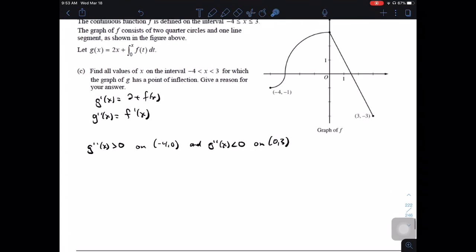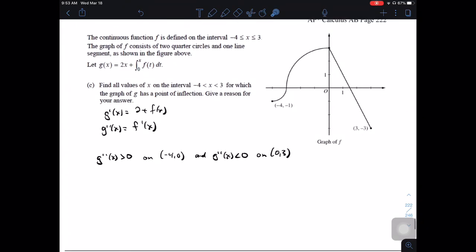Once again, what does this mean? G double prime is bigger than 0 means that f prime is bigger than 0, which means the slope is positive. They're all here. From 0 to 3, slope's all negative.